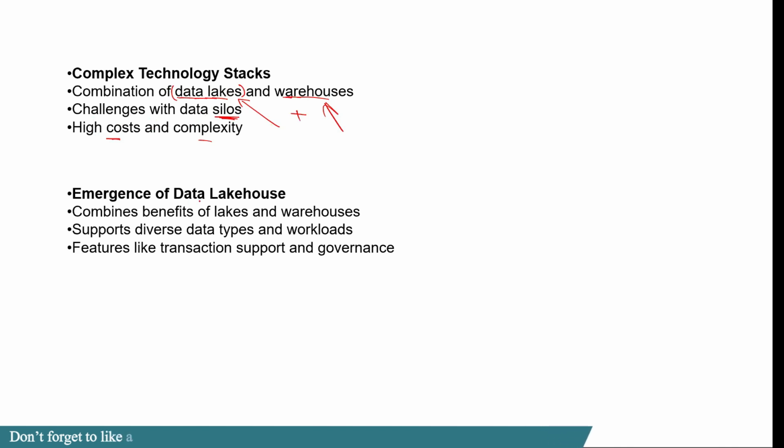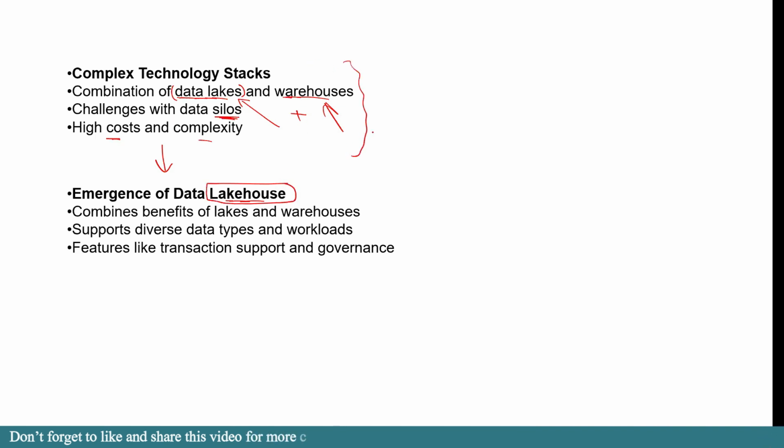And then the emergence of data lakehouses. To meet this challenge, the data lakehouse was introduced. We were using data lakes for unstructured and semi-structured data, and warehouses for structured data.